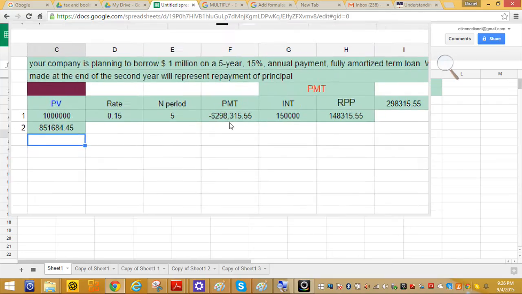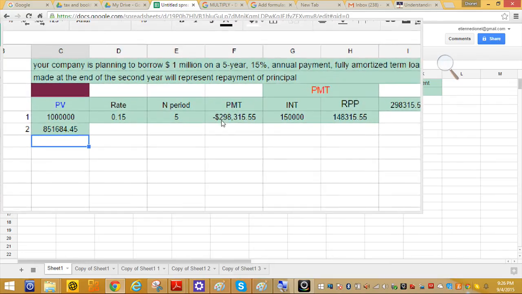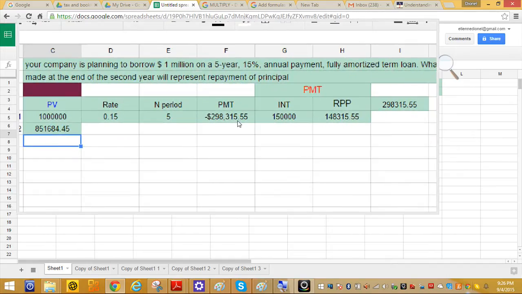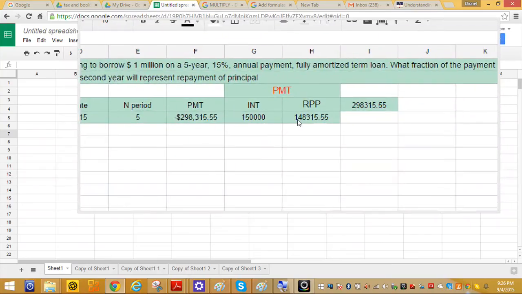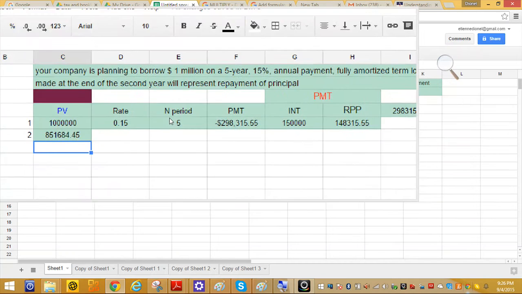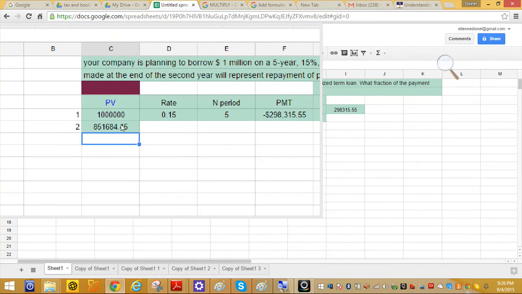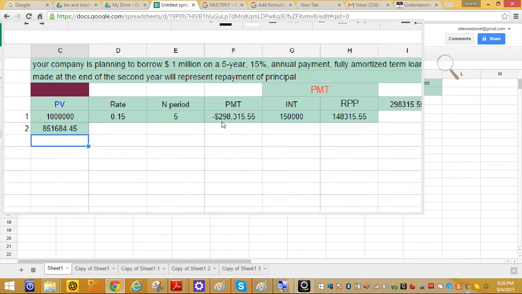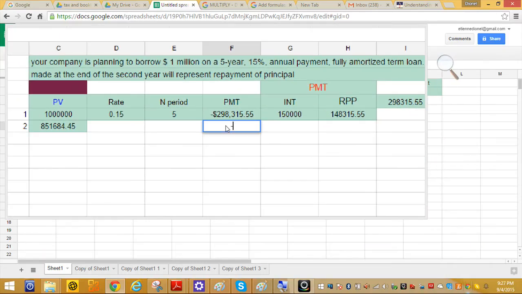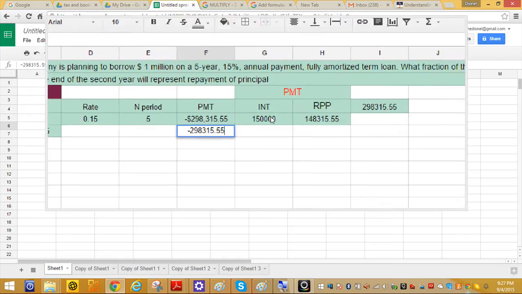I just subtracted 148,215.55 from 1 million. So that's my new balance. Now, let's understand. For the second year, I will still have the same payment, 298,315.55. The payment is not gonna change.